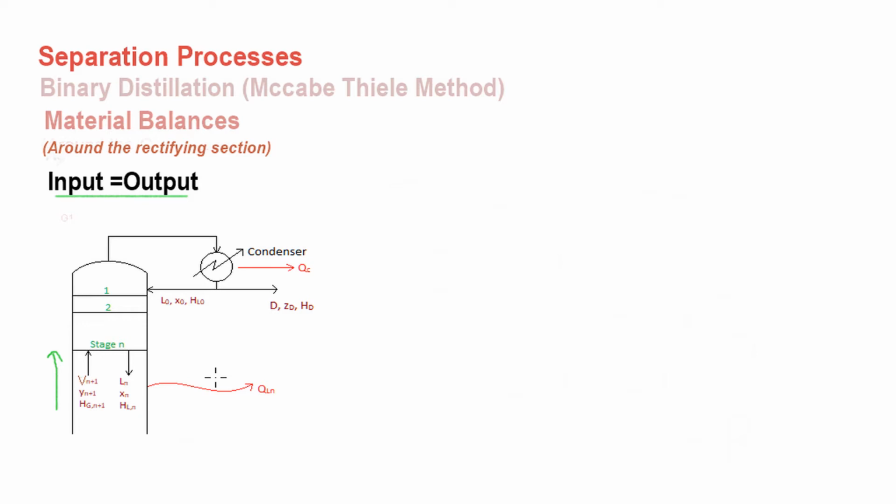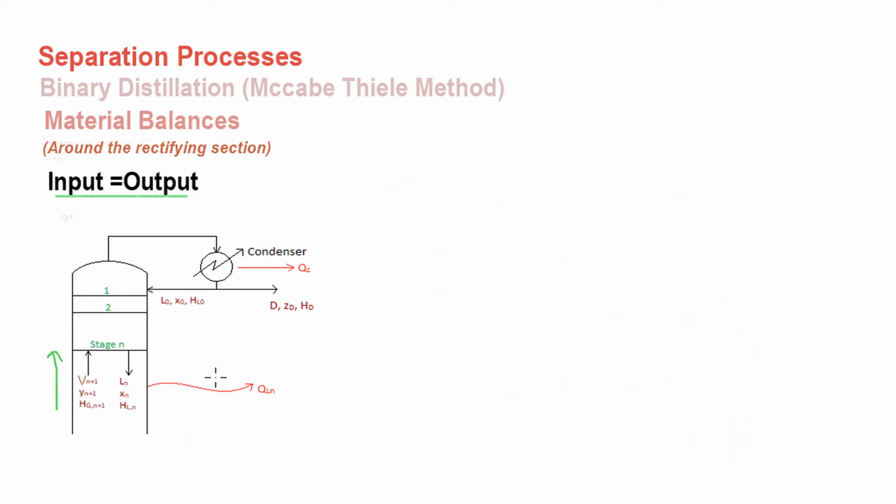Now, in the majority of cases, we assume that the concept of constant molar overflow applies. Constant molar overflow is the assumption which states that the vapor and the liquid within the rectifying section of the column have constant flow rates.